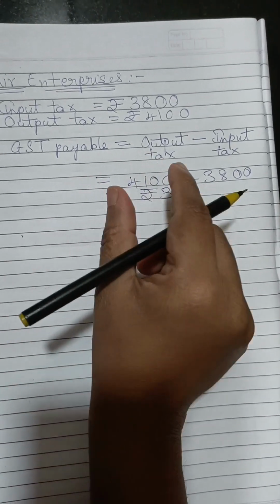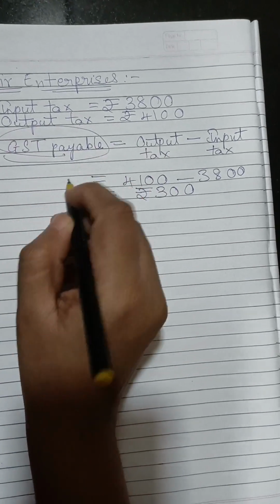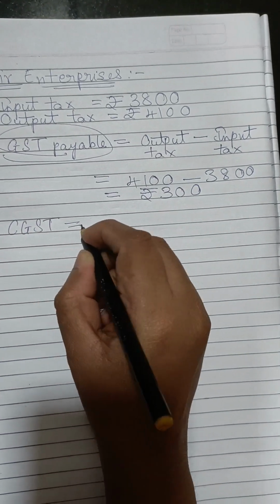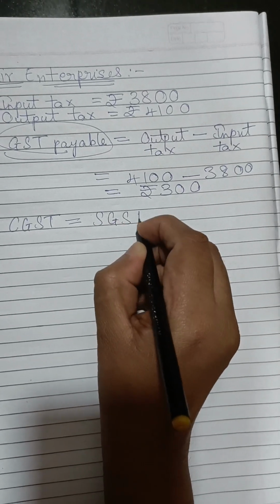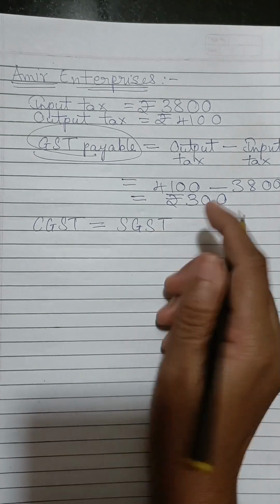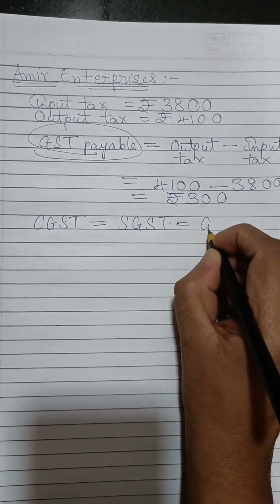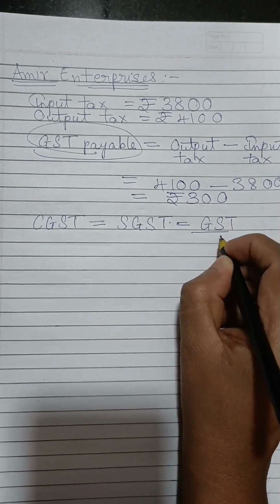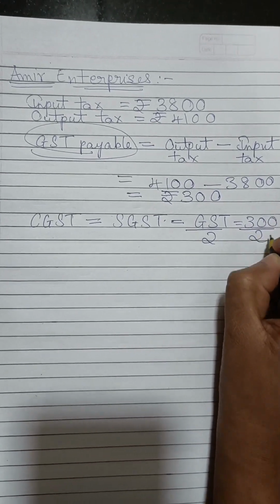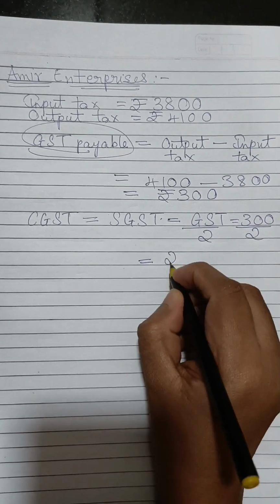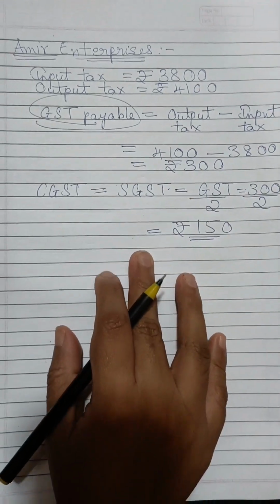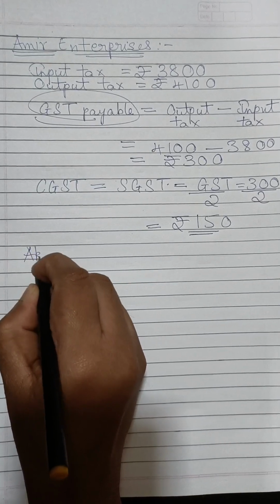Here they have asked you GST at every stage as well as CGST and SGST. What is CGST? CGST is equal to SGST. Yes, in the previous video we learned it is GST upon 2. So it will be 300 upon 2, which is equal to 150. Now let's go to Akbari Enterprise.